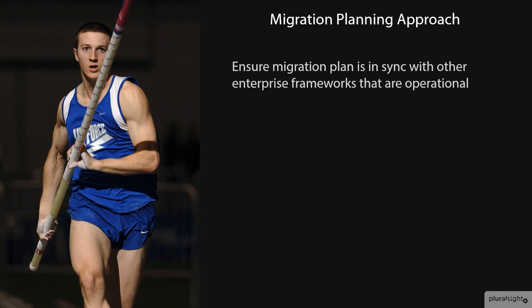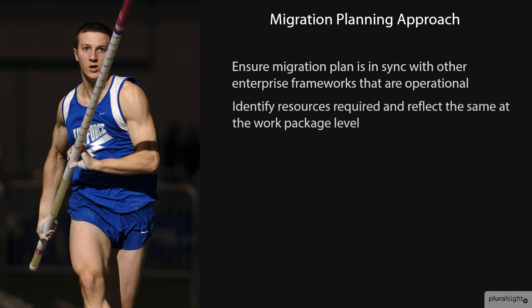The next possible step is to identify the resources that are needed to realize architectural objectives and to reflect the same against each activity within each work package. A technique such as business value assessment might be used to identify the business value of each work package as well, and hence assign relative priorities to various projects.